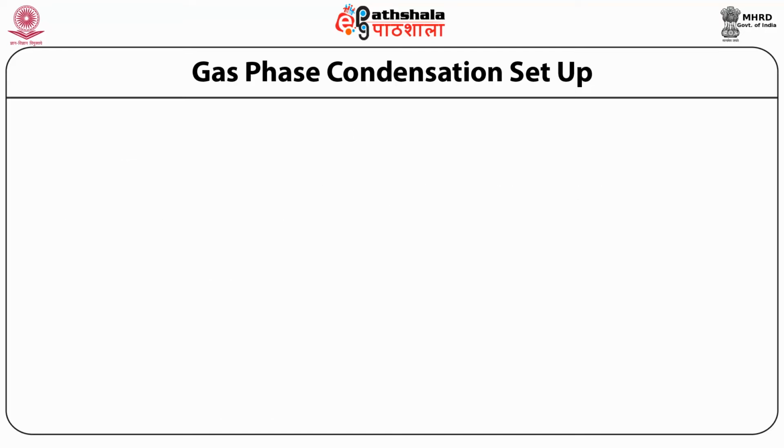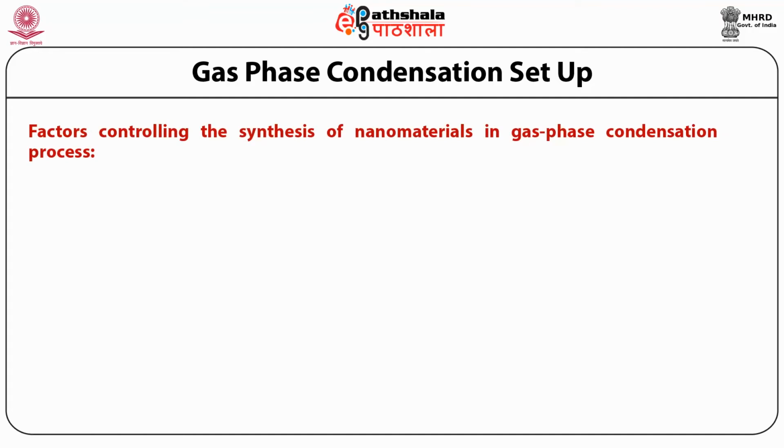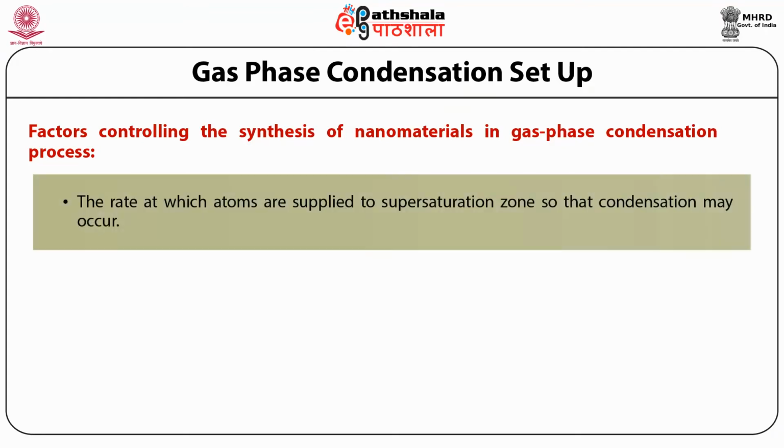We next discuss the factors which control the synthesis of nanoparticles in the gas phase condensation process. The factors are, firstly, the rate at which atoms are supplied to the supersaturation zone so that condensation may occur.